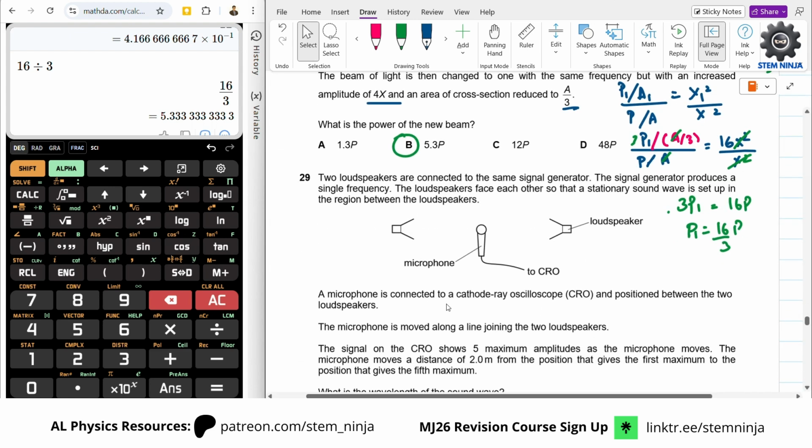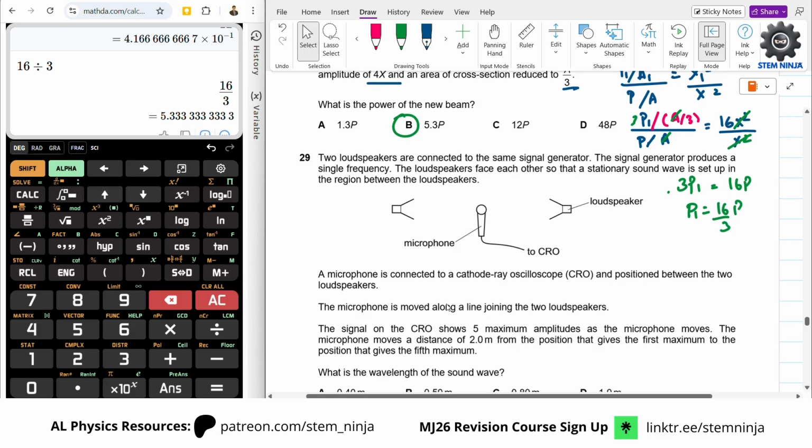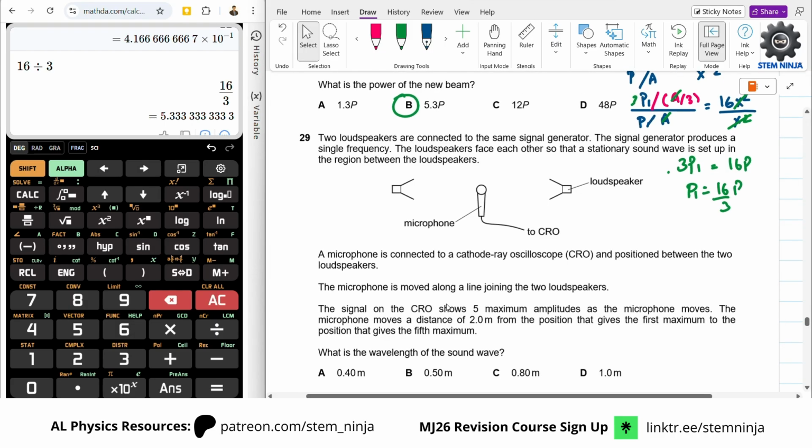Two loudspeakers are connected to the same signal generator. The signal generator provides a single frequency. The loudspeakers face each other so that a stationary sound wave is set up in the region between the loudspeakers. A microphone is connected to a cathode ray oscilloscope and positioned between the two loudspeakers.